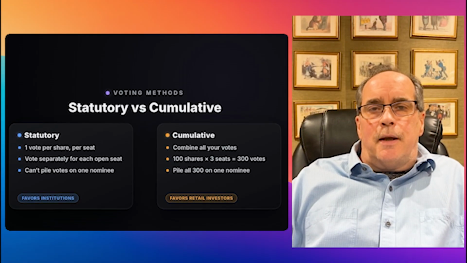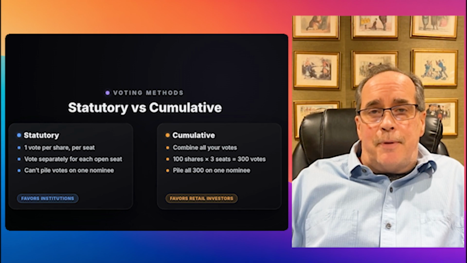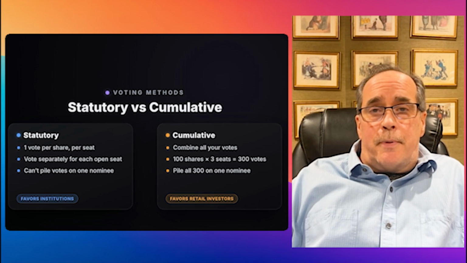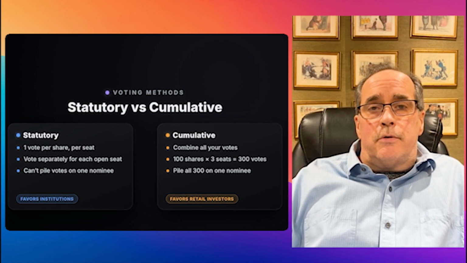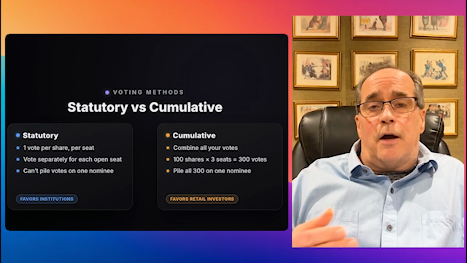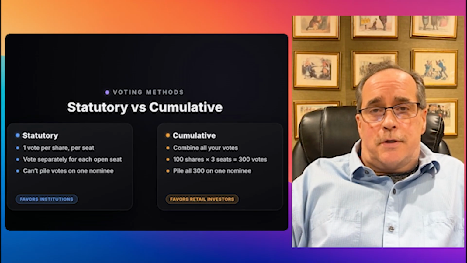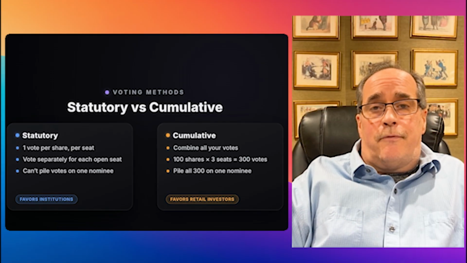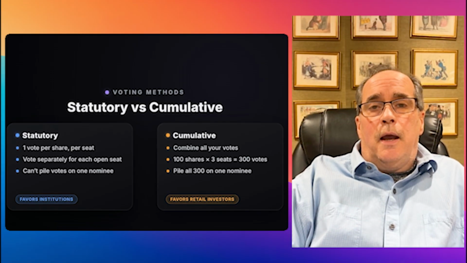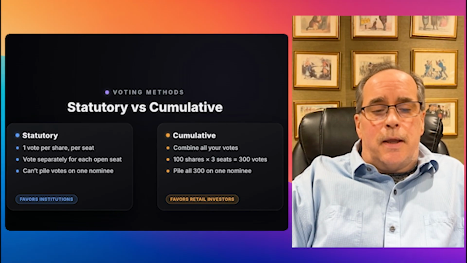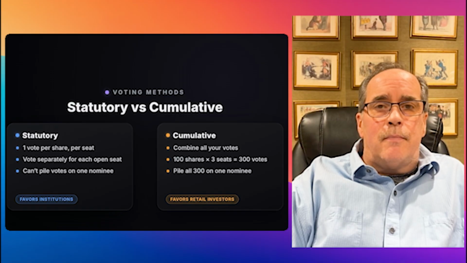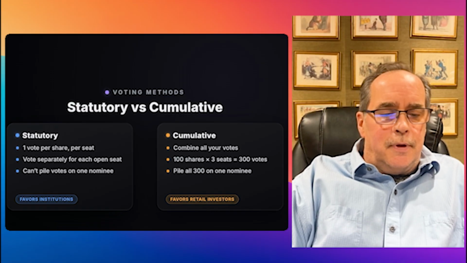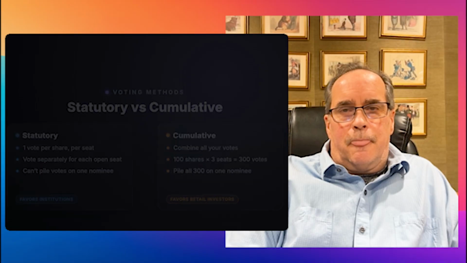If you have cumulative, and it's the same situation, 10 people running, 3 seats open, you can combine all your votes. So let's say you have 100 shares, which is 100 votes, and there are 3 seats. You can now cast 300 votes for one person. So statutory voting favors the institutional investor. Cumulative favors the retail investor.